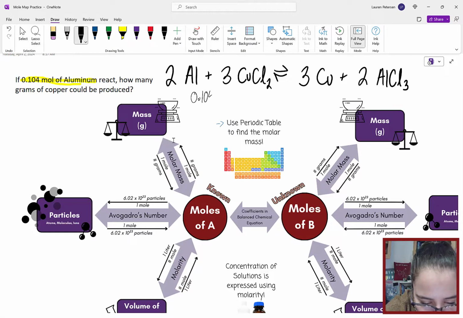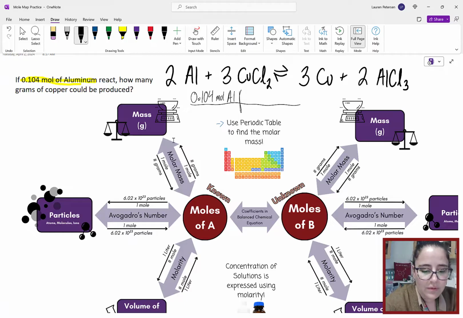So we got 0.104 moles of aluminum. Now we want to get to grams of copper. Copper is going to be our unknown, and our known, we're talking about aluminum.